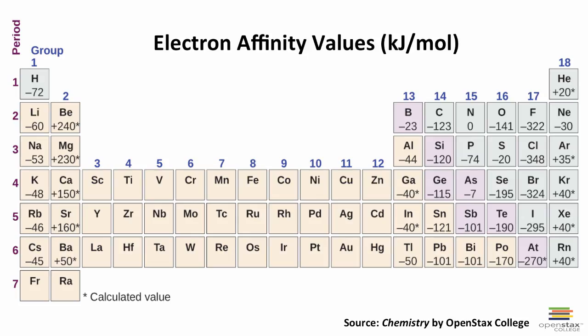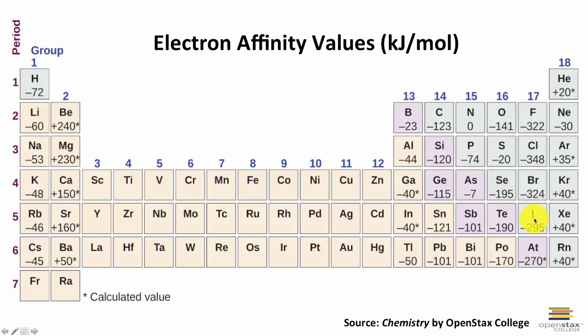And what we will do with electron affinities is just simply note that there are some elements in the periodic table that have particularly negative electron affinities. These are atoms that are fairly happy, so to speak, to gain an electron and make a negative ion.